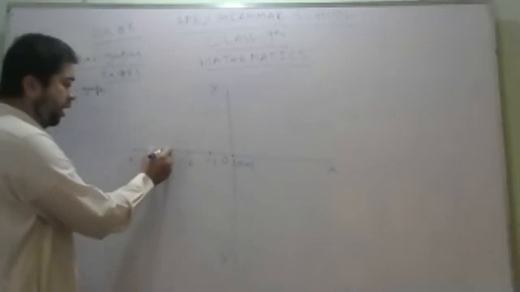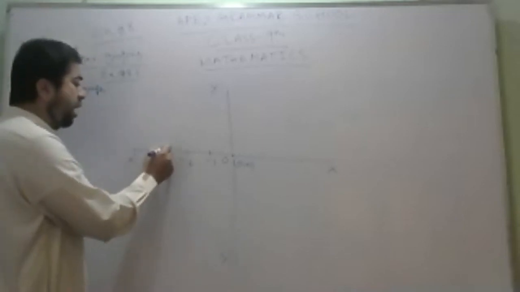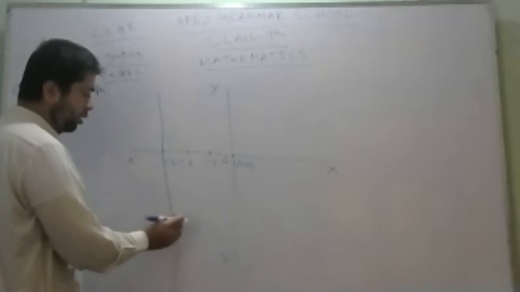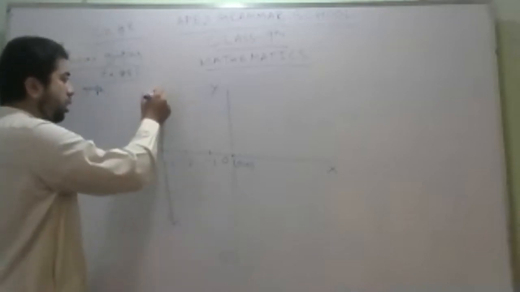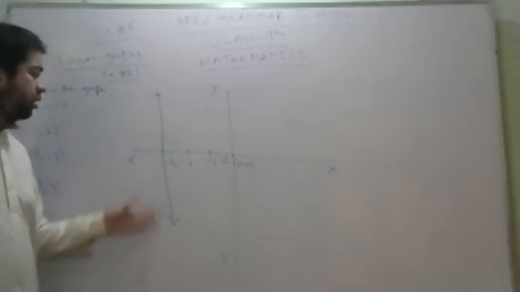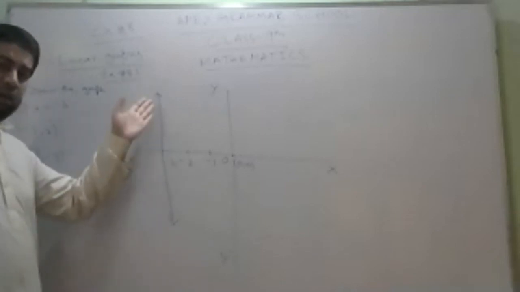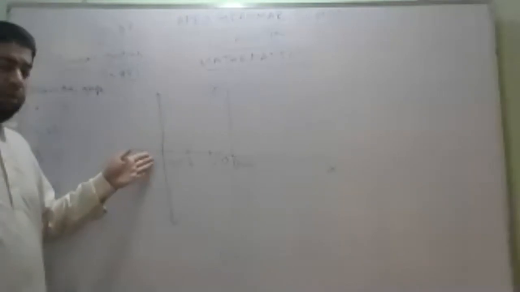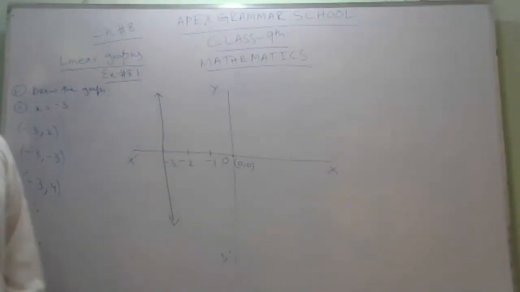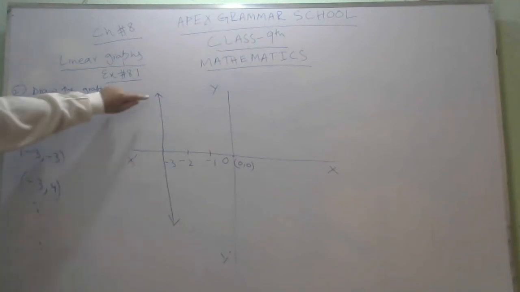The focus point is only x equal to -3. This is x equal to -3. You need to extend this line upside and downside, just like in the previous part. This line is extendable towards the positive y-axis or the negative y-axis. So all the points lie within this line.